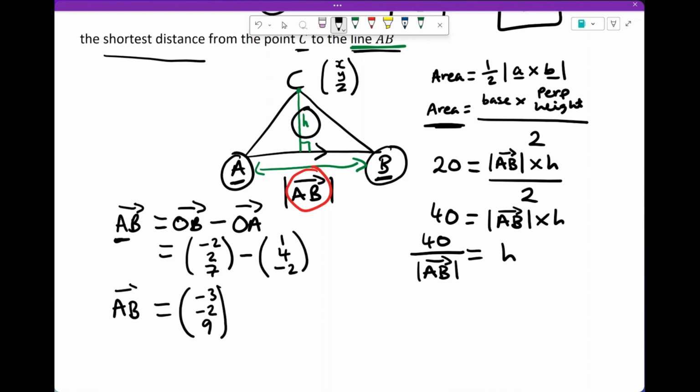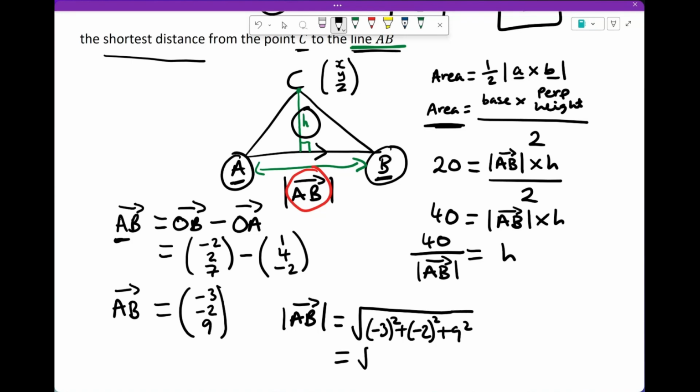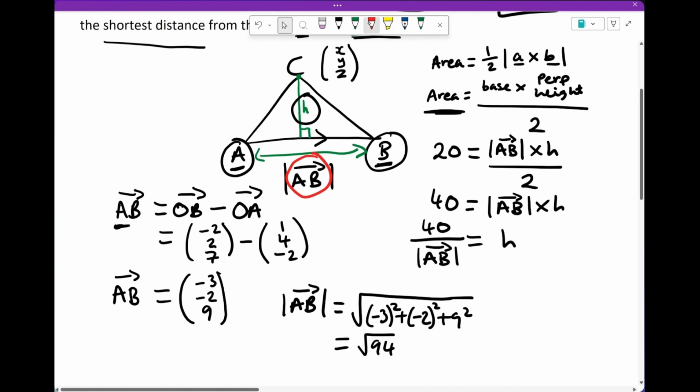We can now calculate its modulus. The modulus of AB is going to be equal to the square root of (-3) squared plus (-2) squared plus 9 squared. And if we pop that into our calculator, we would get the square root of 94. So we now have the value of the modulus of AB. So we can now go back to our equation here, and we're going to substitute that into the denominator.